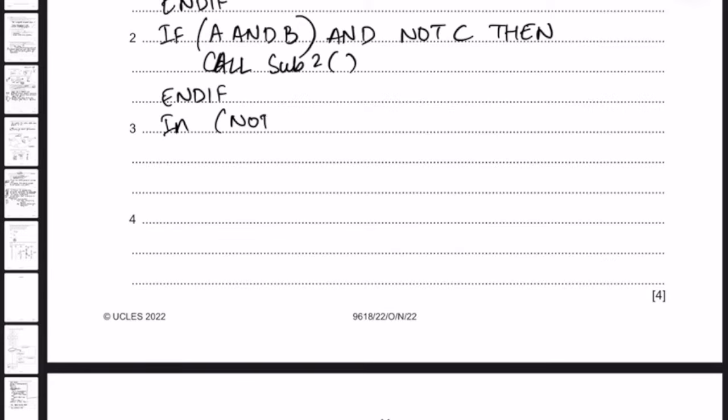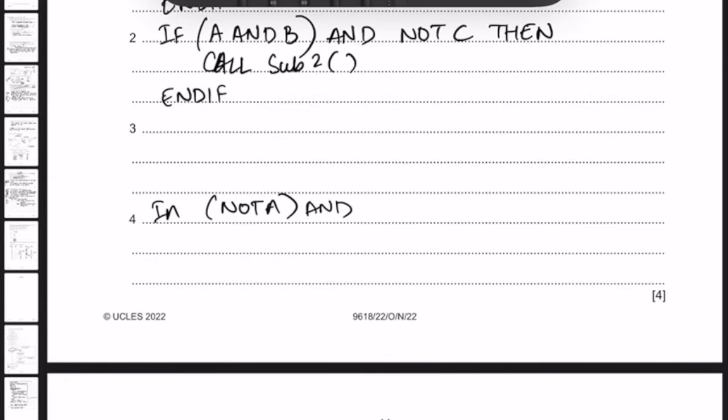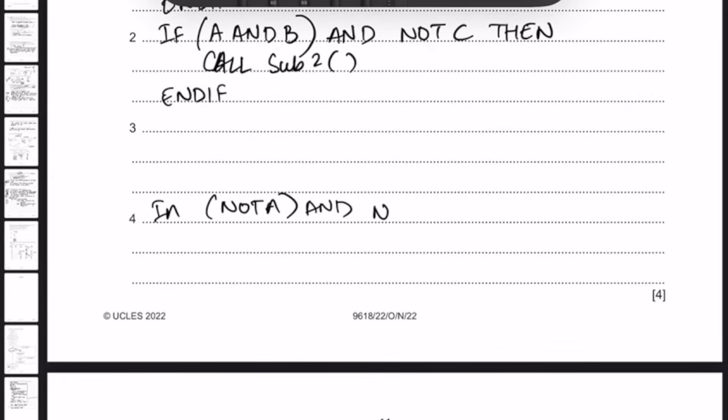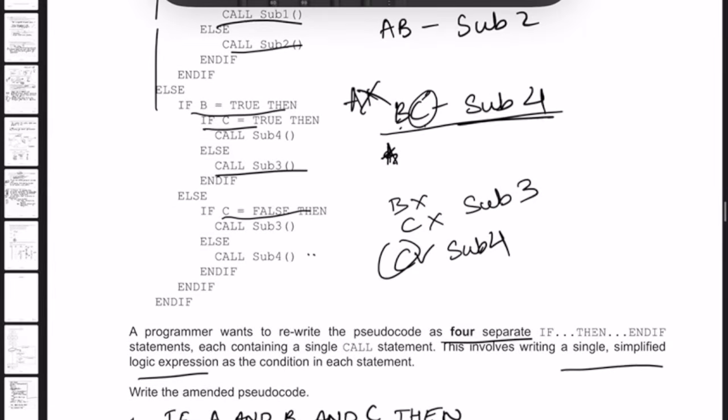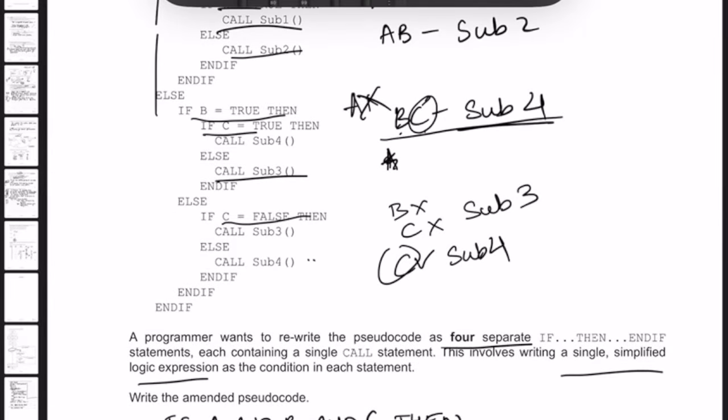If not A and, oh wait, if not A and C, then call sub 4 end if. And to call sub 3, we need B to be true.